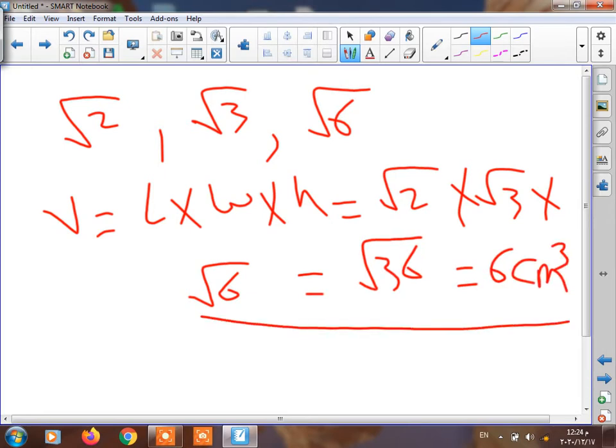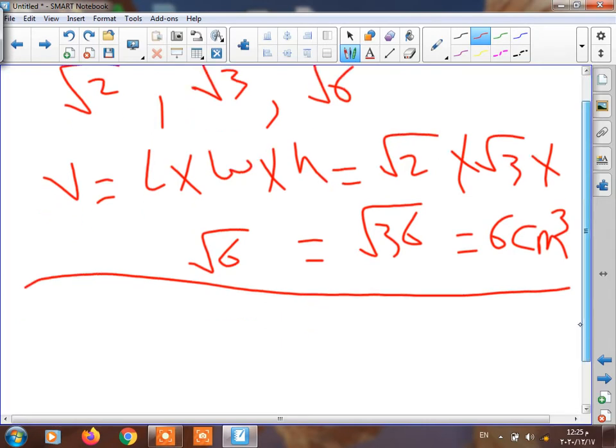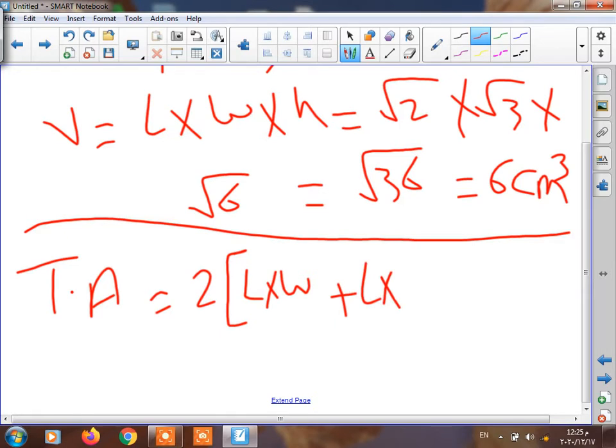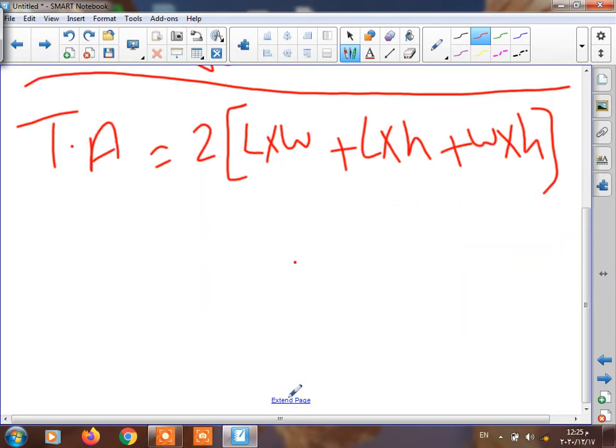After that, to find the total area, we have a rule. Total area equals 2 times, in braces, length times width plus length times height plus width times height. So write your information.